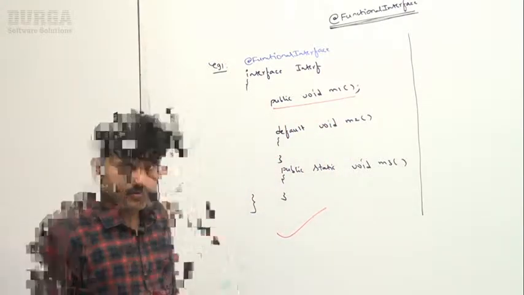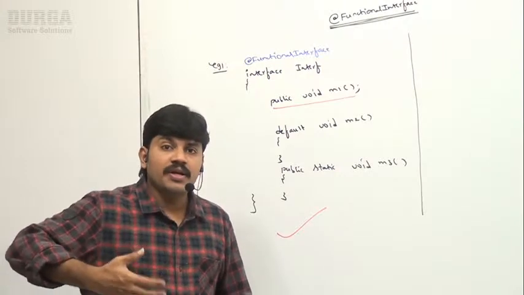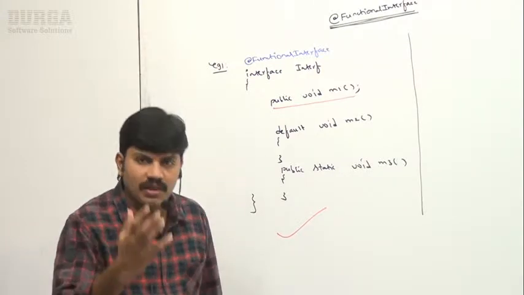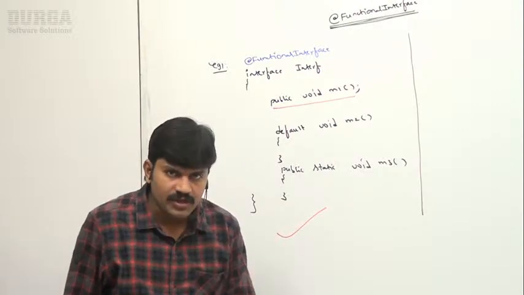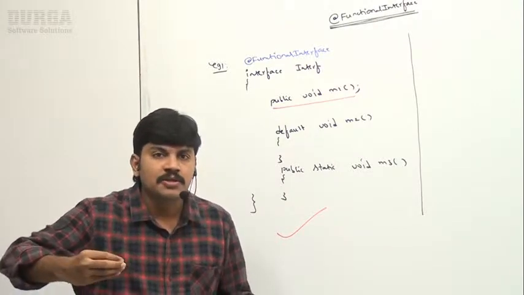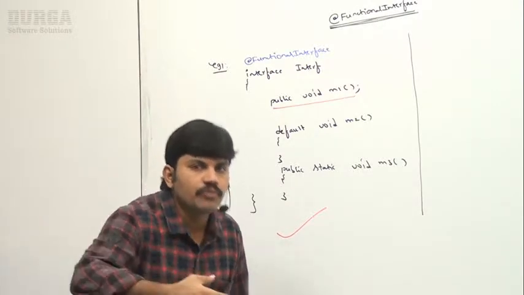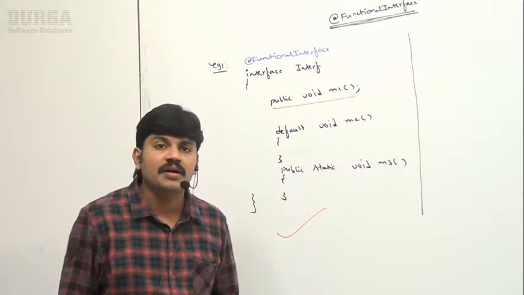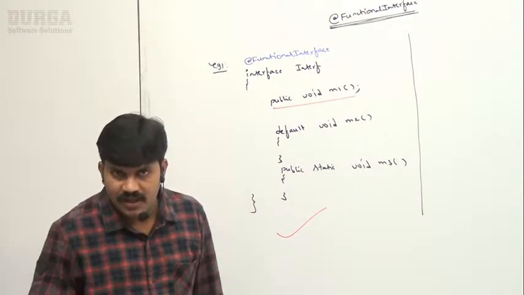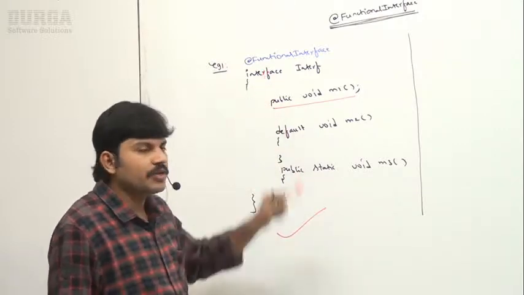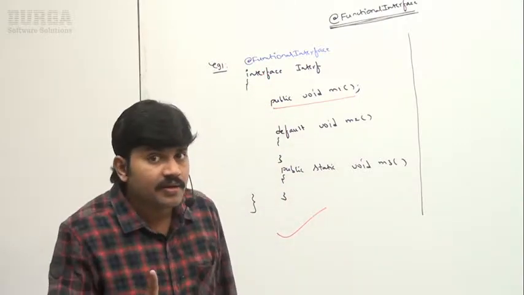Everyone can understand, right? So you are indicating to the compiler, my intention is this should be a functional interface. Sir, if any person tries to add any new abstract methods, the compiler can object or restrict it. For that purpose we can use FunctionalInterface, right?